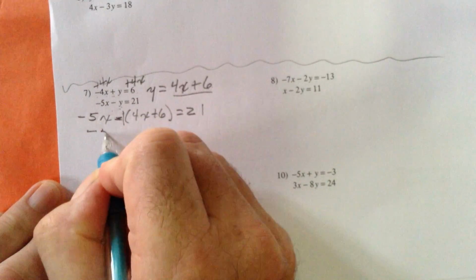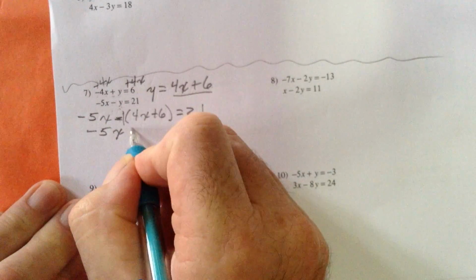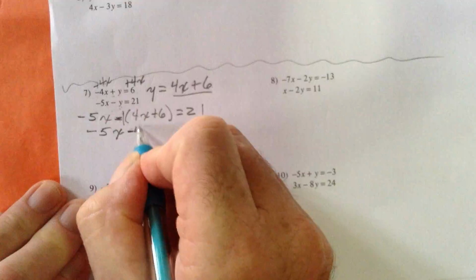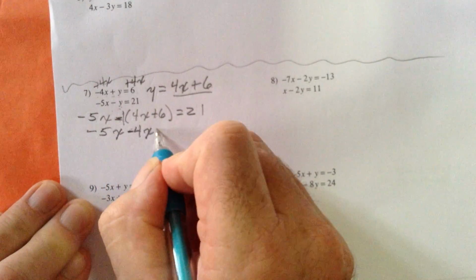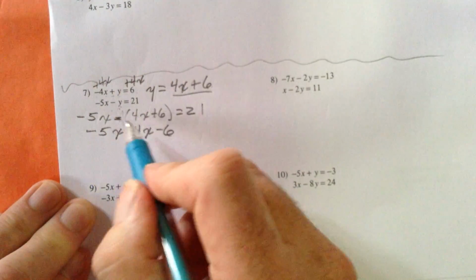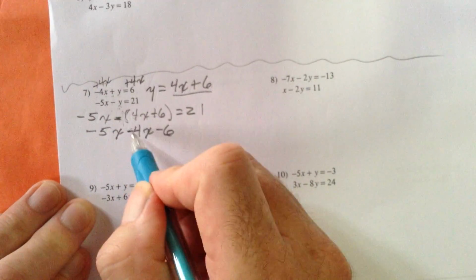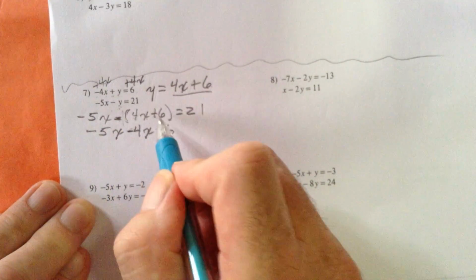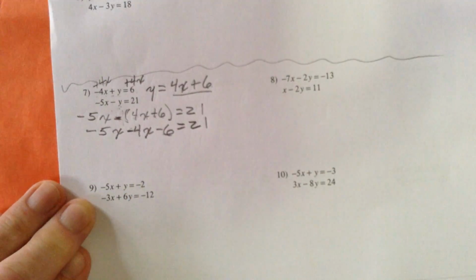So negative 5x, minus 1 times a positive 4x becomes negative 4x, and then negative 1 times a positive 6 becomes a negative 6. The negative basically causes these to reverse symbols: the positive 4x becomes a negative and the positive 6 becomes a negative 6, equals 21.